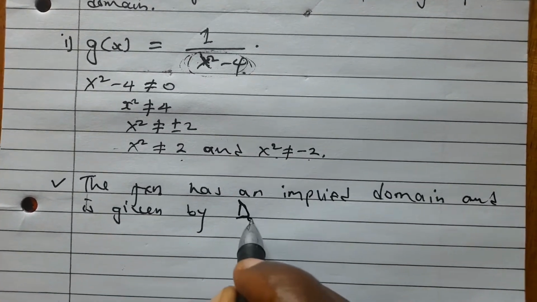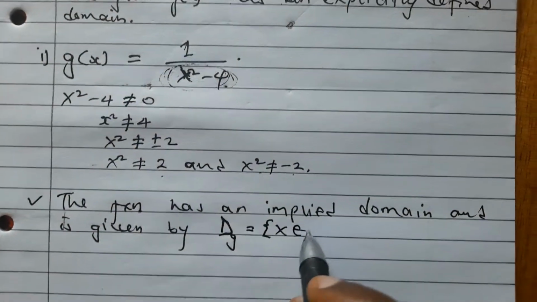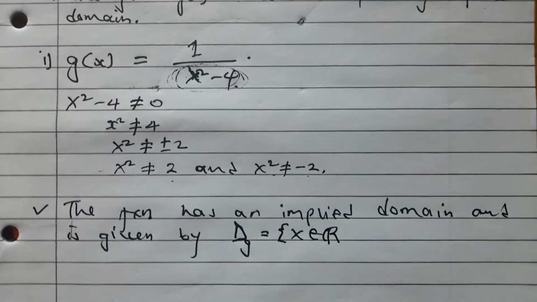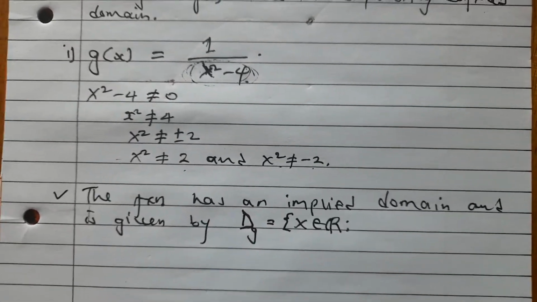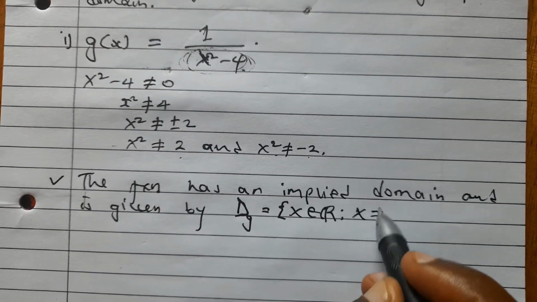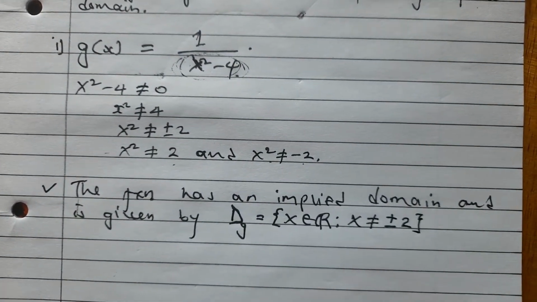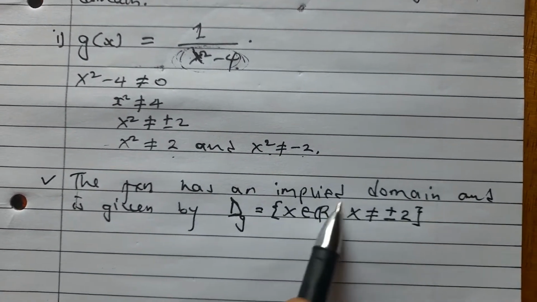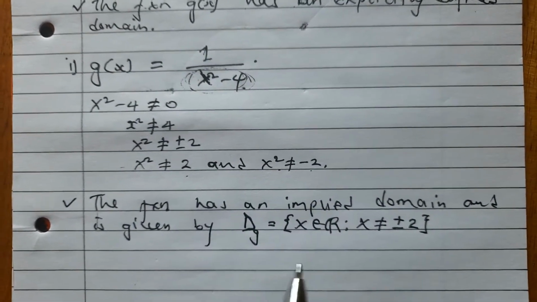The domain of the function g is the set of all real numbers, x is in real numbers, such that x is not equal to plus or minus 2. This is the set of all possible inputs that will give us an output.